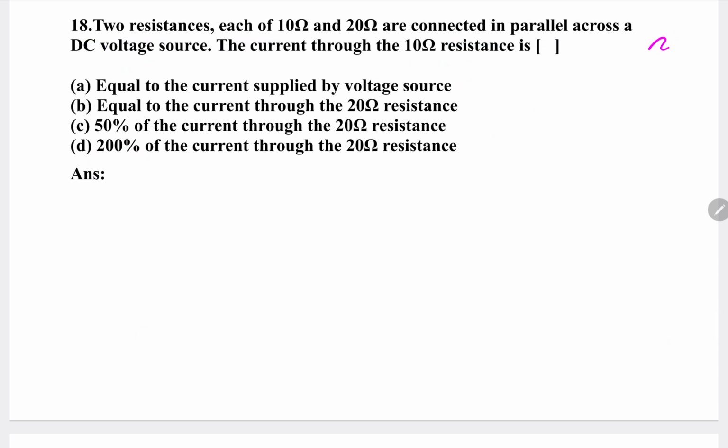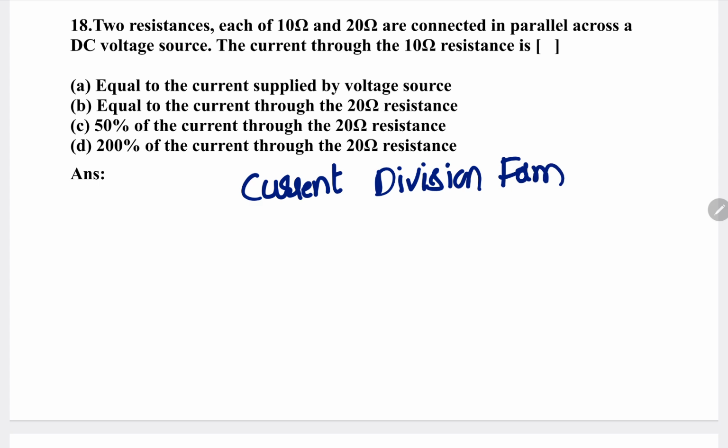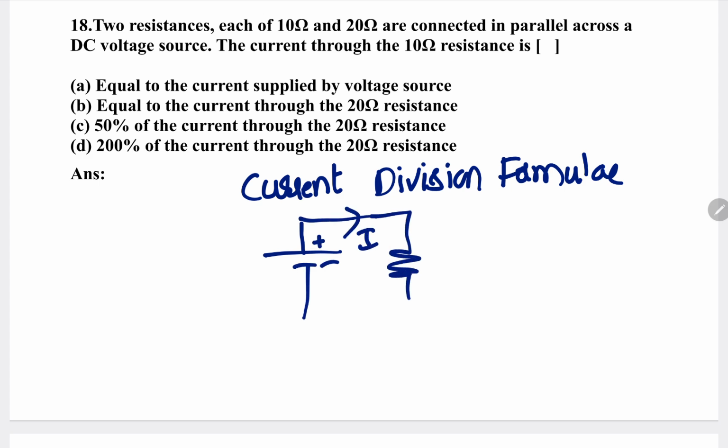Here the main formula I have used is the current division formula. Whenever things are connected in parallel, whenever current is dividing, we use the current division formula. You see here, this is a total current I. It is dividing into two parts.